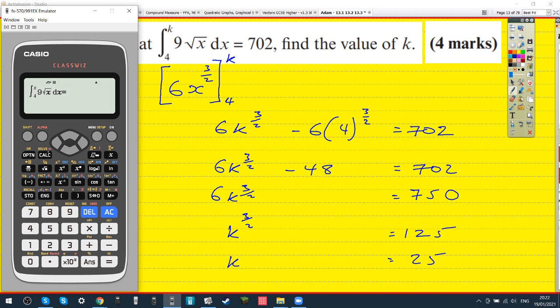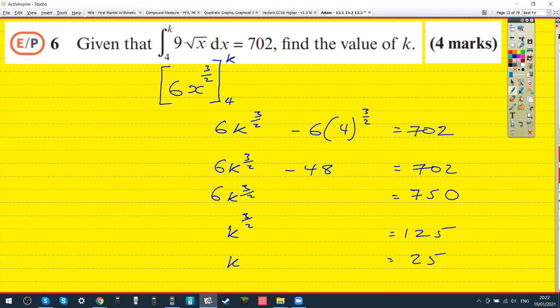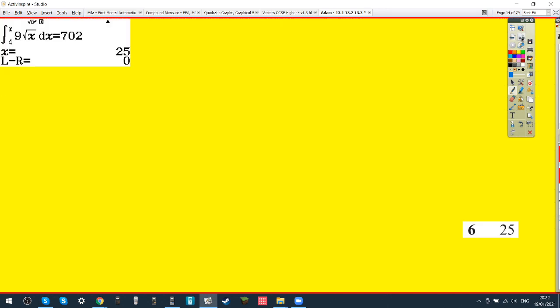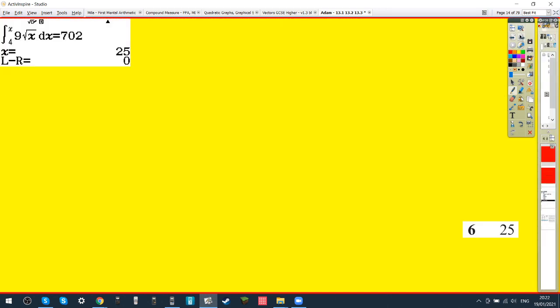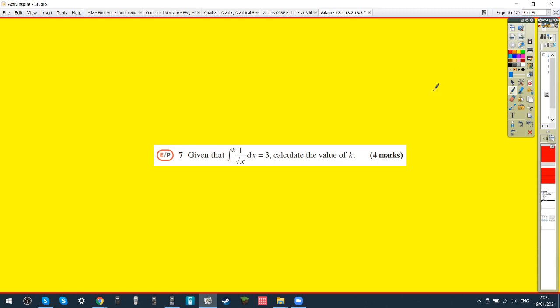Alpha equals 702. Shift, solve. There we got it. 25. Okay, but I'm sure they'll come up with some way to stop us doing that. Yeah. 25.